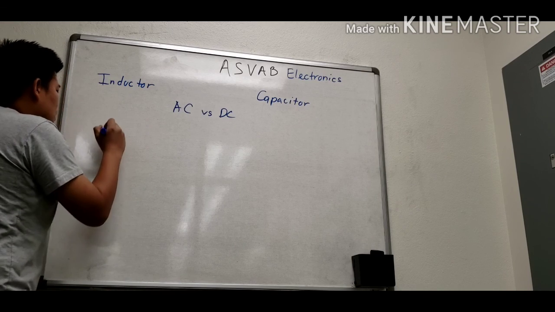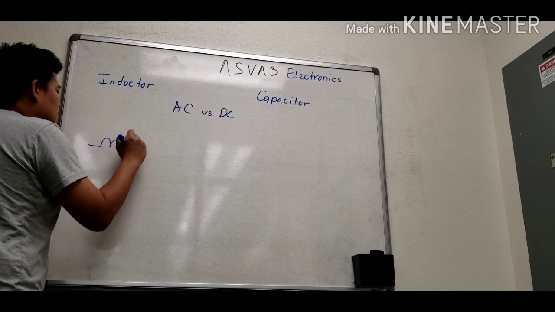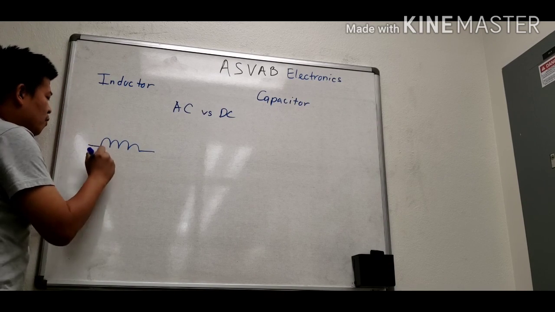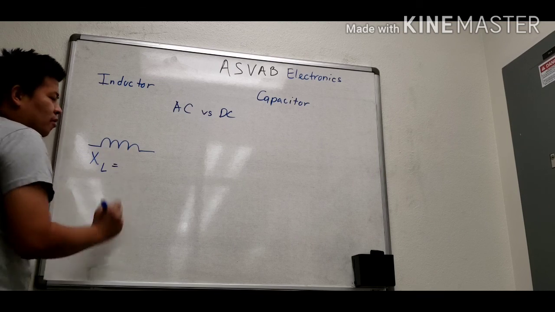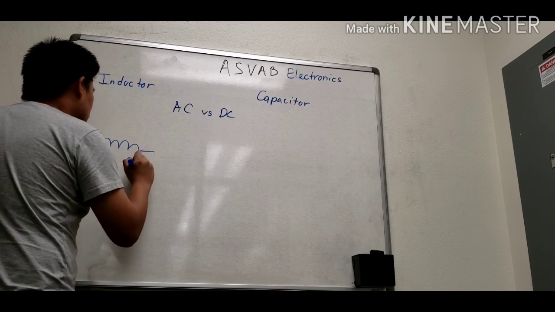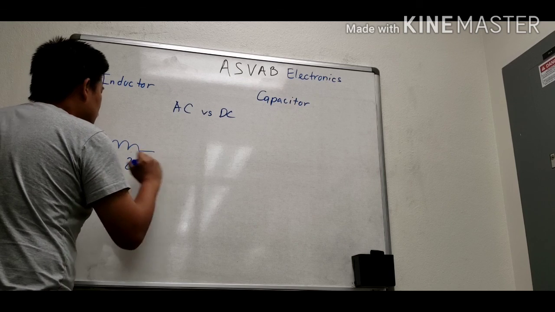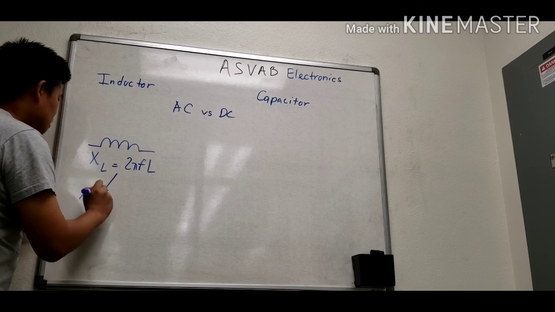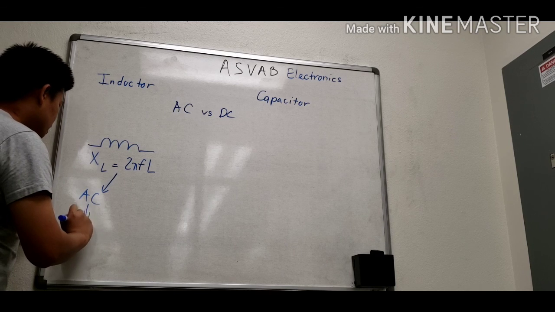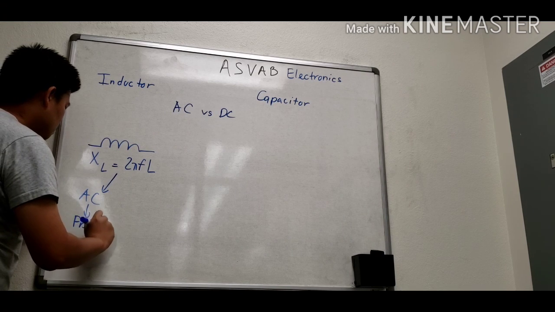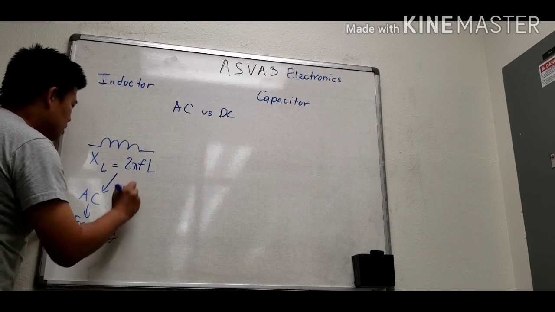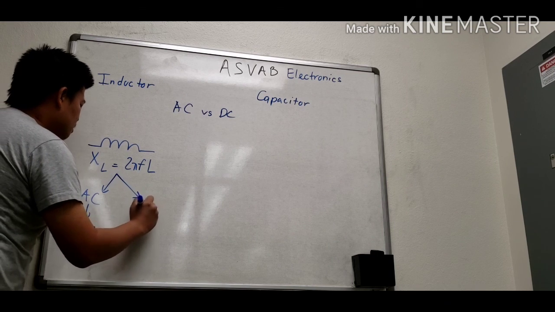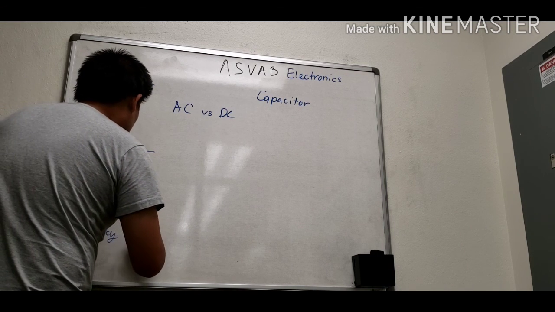So in the inductor, we have this symbol and we have the formula of the resistance. In the AC, we have the frequency. On the DC, there is no frequency.